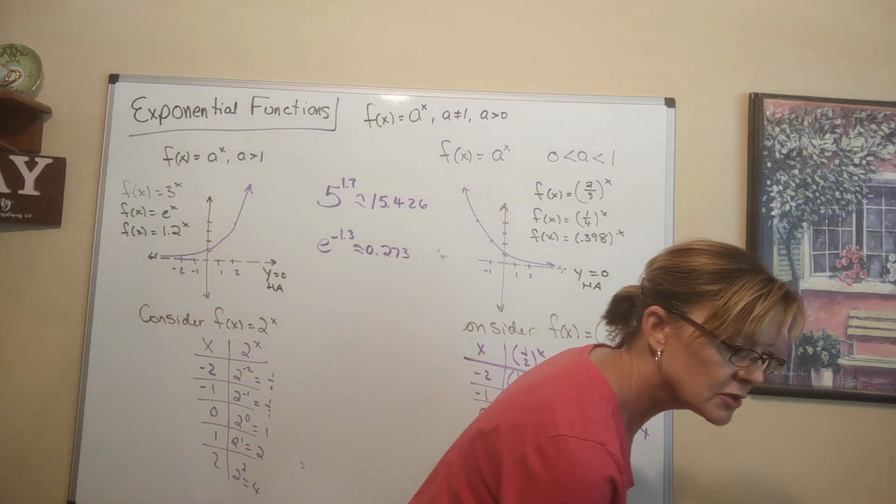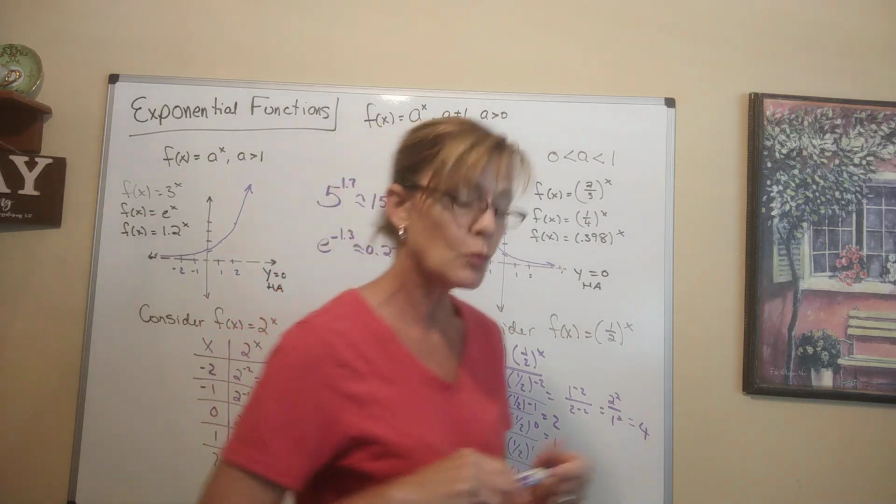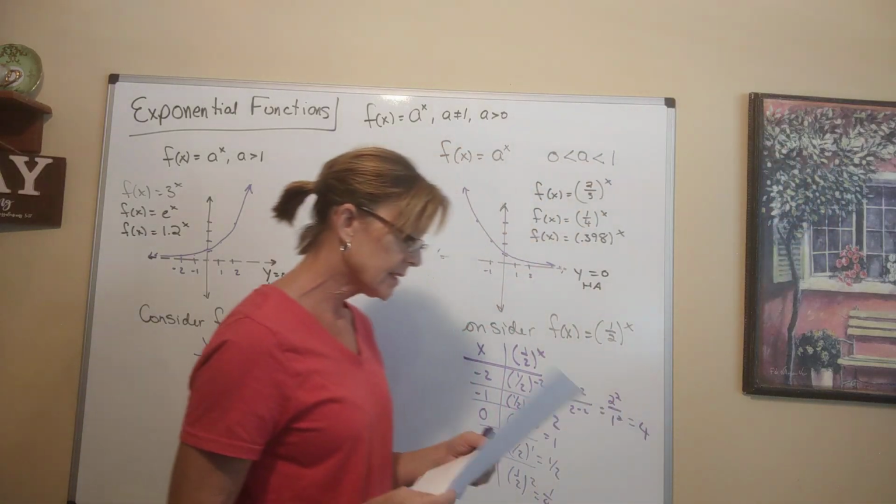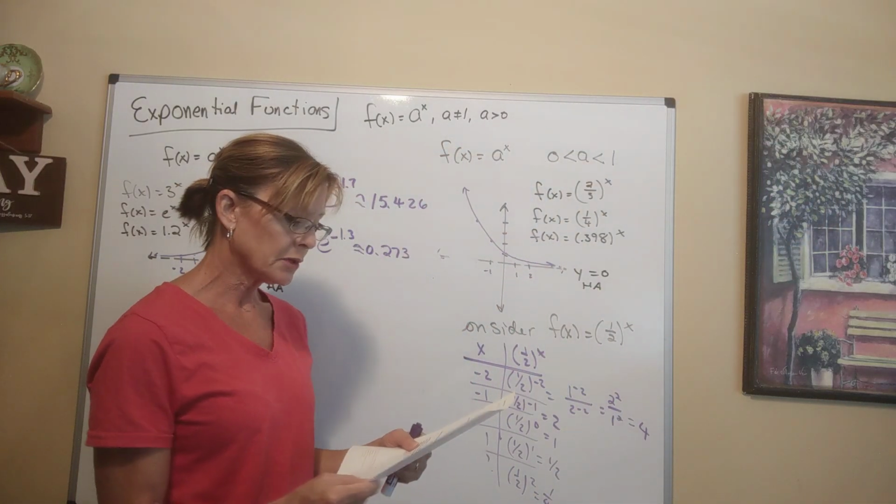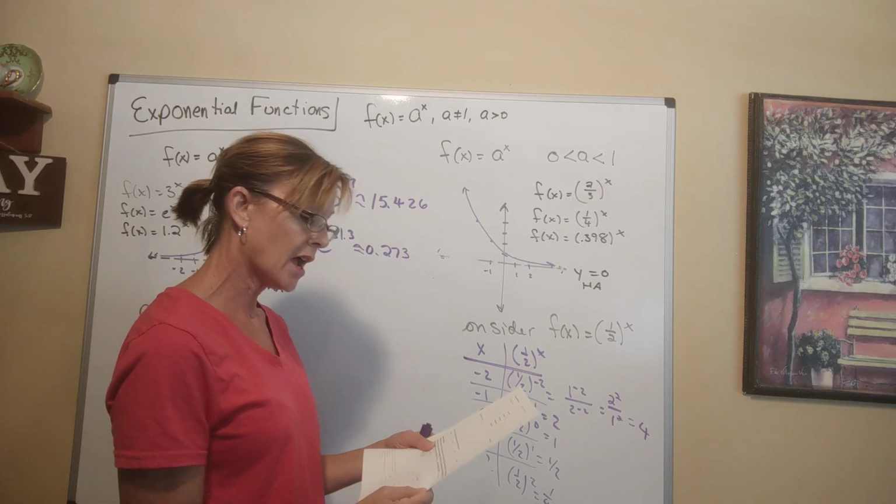Let me go ahead and do the atmospheric pressure. I'll do one of these. So on your worksheet, it says the atmospheric pressure P on a balloon or plane decreases with increasing height.